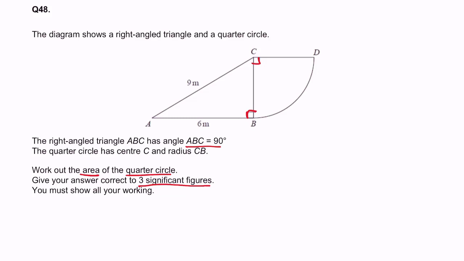Okay, so first of all, this is a quarter circle. So to find the area of the circle, we need to find the radius. What's the radius? Now we know we've got a right angled triangle, so we can use Pythagoras and use these two lengths to find out the missing length, which will be the radius of the quarter circle.